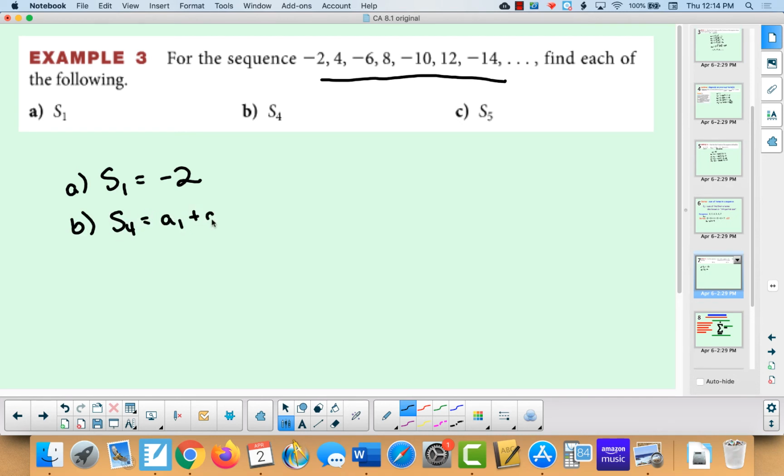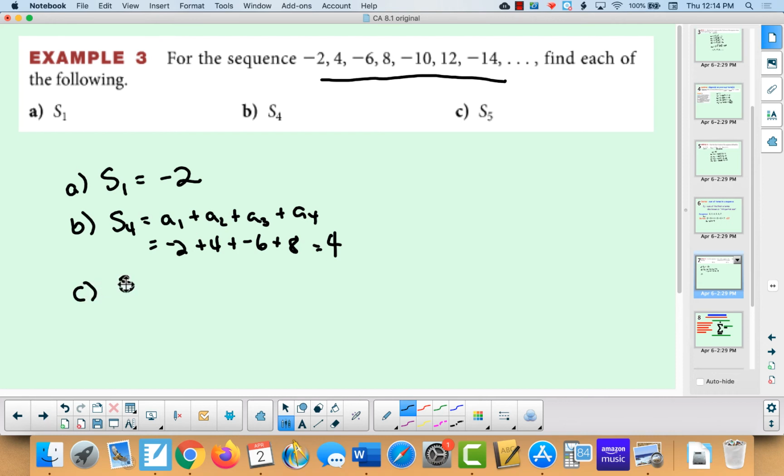So it's A sub 1 plus A sub 2 plus A sub 3 plus A sub 4. That's negative 2 plus 4 plus negative 6 plus 8. Negative 6 and negative 2 added together give me negative 8. Adding 8 to that gives me 0, so this is going to be 4.